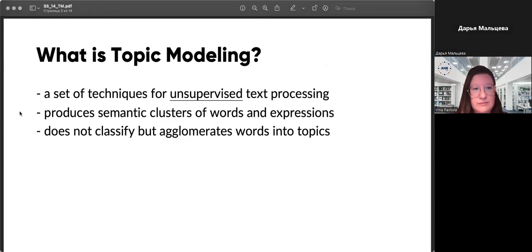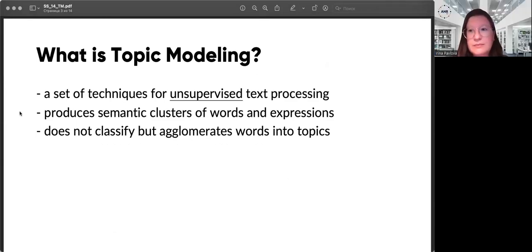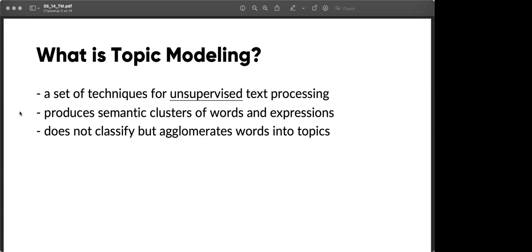And for those of you who might not be well acquainted with the terminology, unsupervised analysis, unsupervised modeling, basically means that we do not know the correct answer. So when we are trying to model something, we are just optimizing the end result without being able to compare it to some factual representation of the correct information.